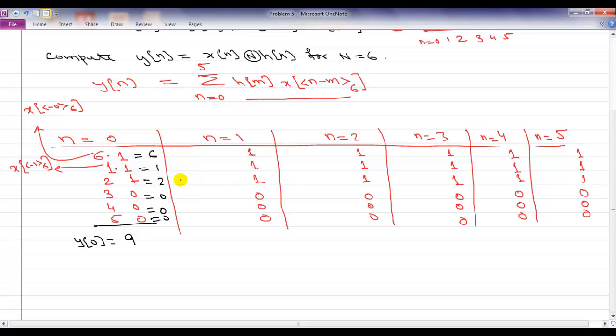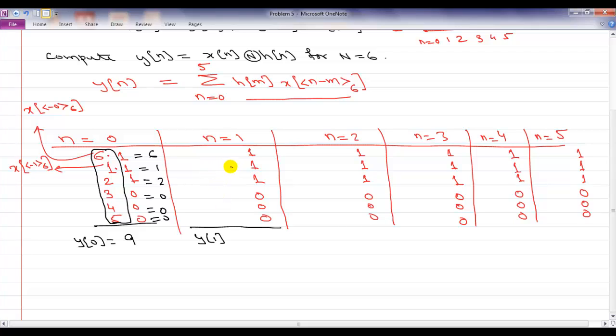Now, what do we do for y of 1? You can try to go back to the circular flip, but we have talked about all that you have to do in the next column is basically just shift all of this column of x downward, and then whatever is going below, you just put it back up.